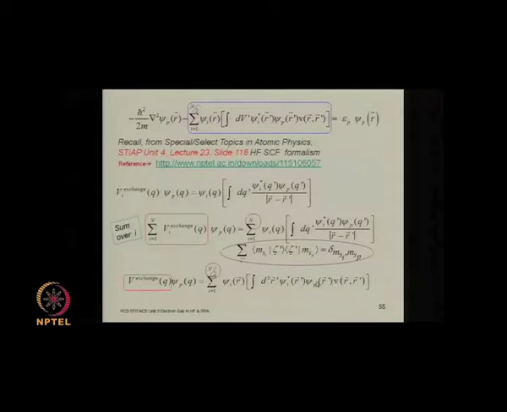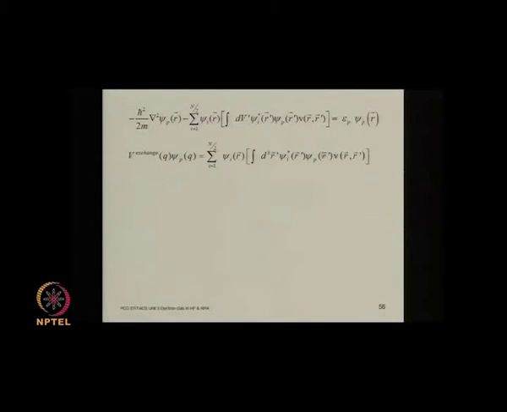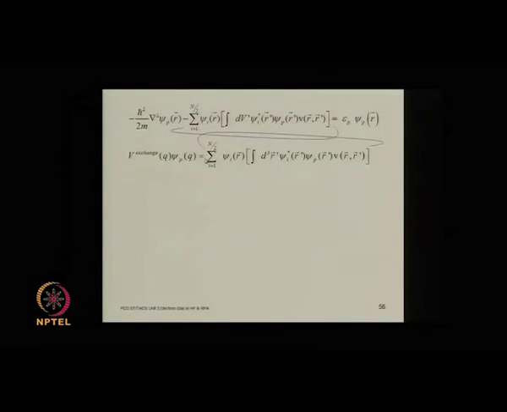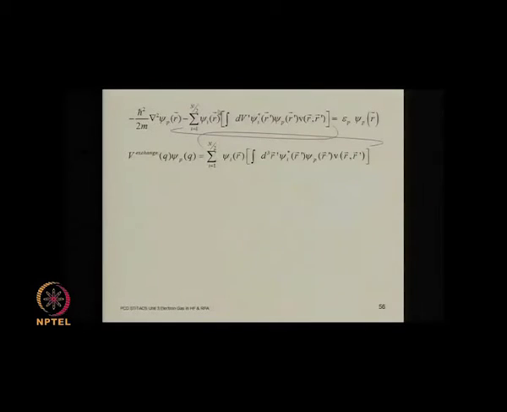So, I will now use this result. This is the result that I now want to use. Notice that this term over here, the right hand side of this, is nothing but the exchange term over here. Okay, it is exactly the same, it is absolutely exactly the same.